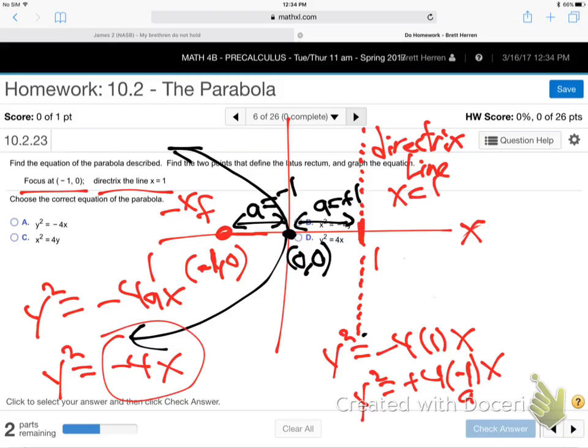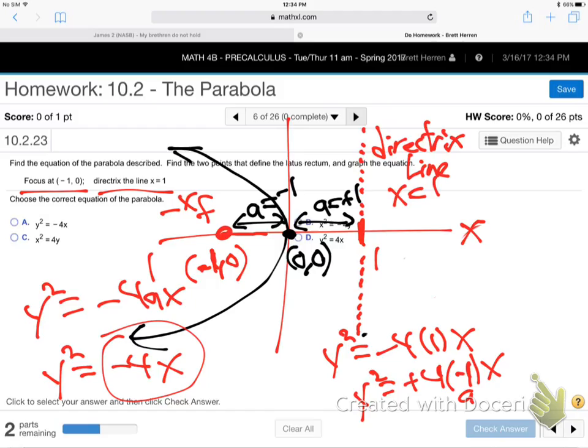Since the parabola is pointing to the left, there's a negative. So a is negative 1. Even though we just did it, it's because I already put the negative here. So the a can be negative if you're considering the 4 always positive. Am I making sense?